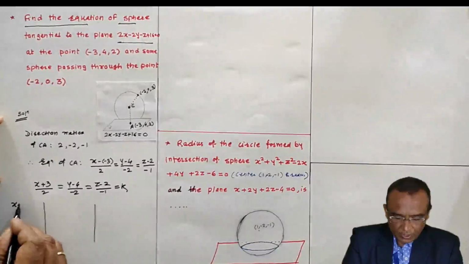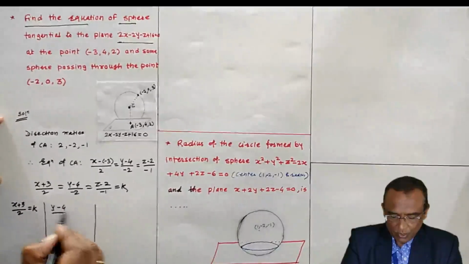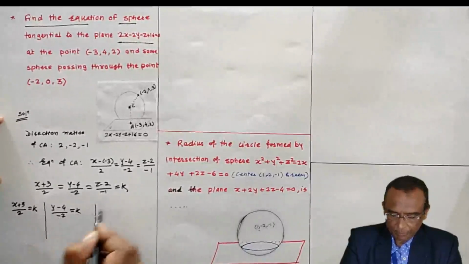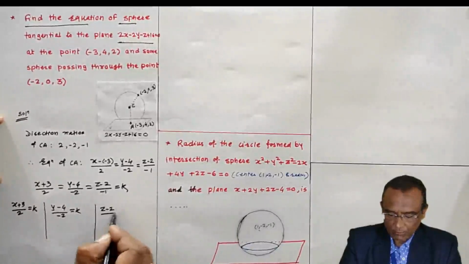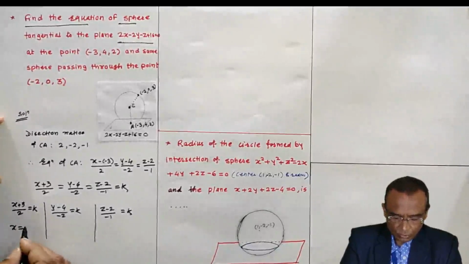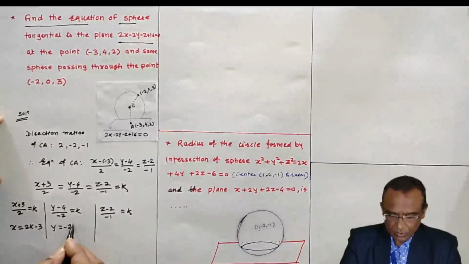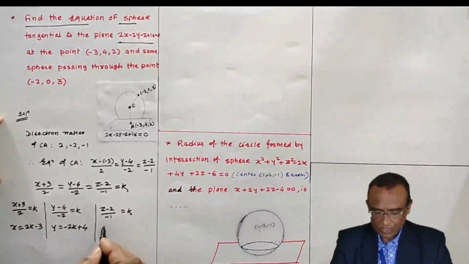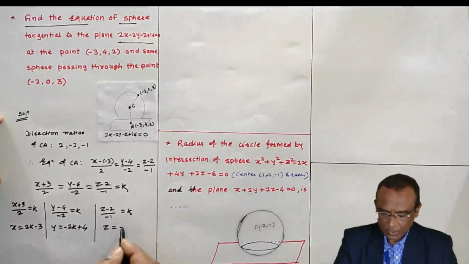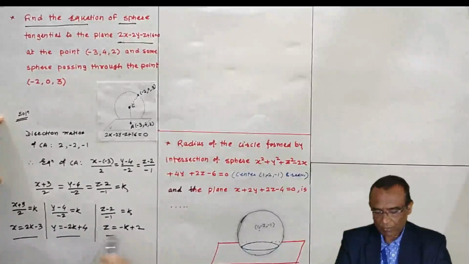Therefore x = 2k - 3, y = -2k + 4, and z = -k + 2.